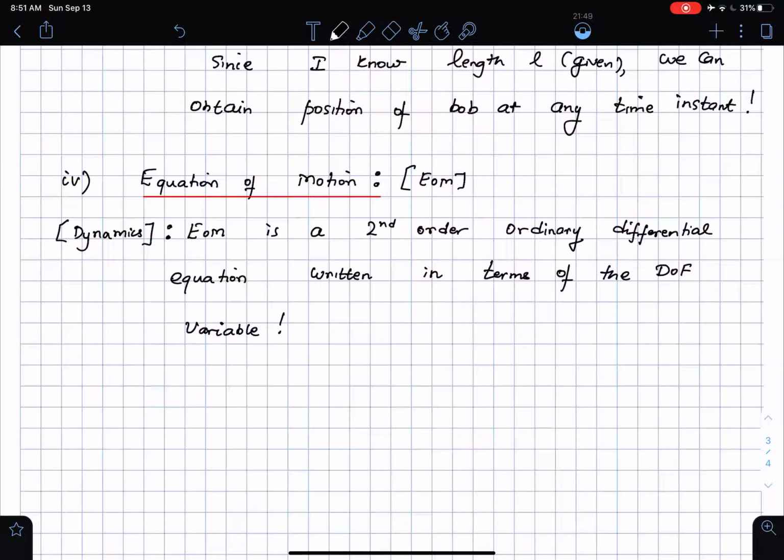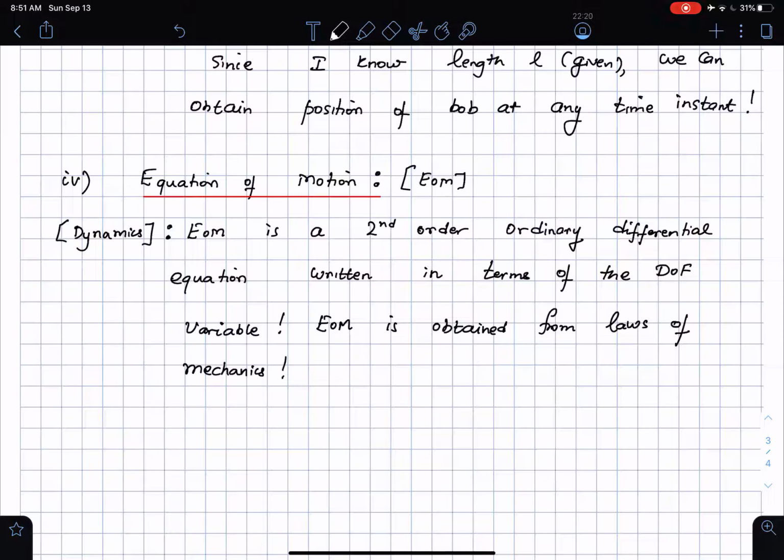How is the equation of motion obtained? From the laws of mechanics. And what are those laws? Newton's laws, typically Newton-Euler equations if you're going to go to rigid body motion.